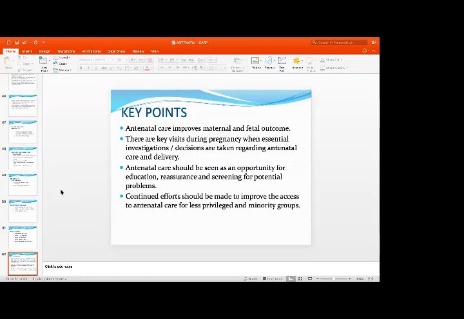Antenatal care should be seen as an opportunity for education, reassurance, and screening for potential problems. Continued efforts should be made to improve access to antenatal care for less privileged and minority groups. So this is all about antenatal care.